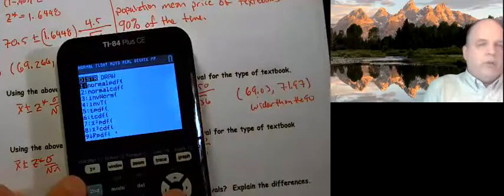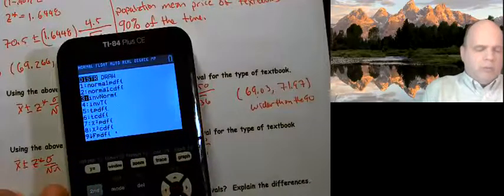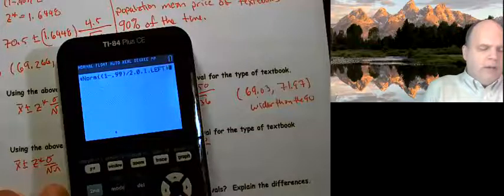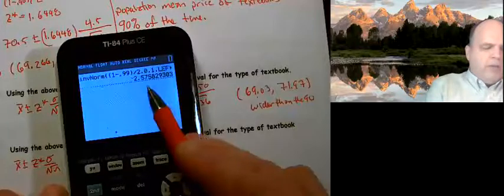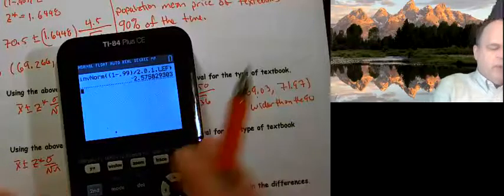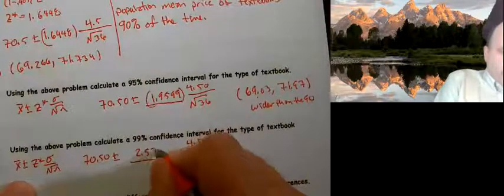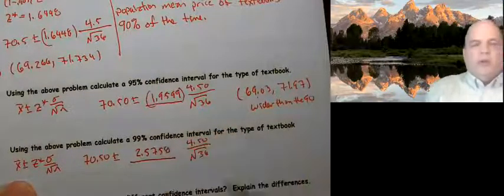So second vars, inverse norm, clear, parenthesis 1 minus 0.99, close parenthesis, divided by 2. And I end up getting 2.5758. Remember, we just want to write down the positive. Now you can write down the negative, but it's just more confusing, so don't do it, all right?